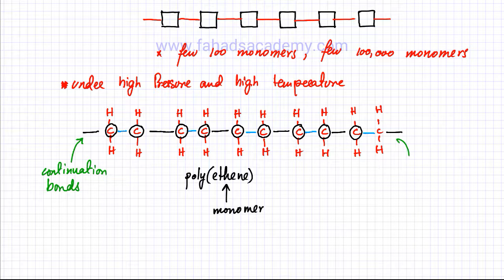So whenever you draw a polymer, you must show these continuation bonds, which indicate that you have just drawn a portion of the molecule and you haven't drawn the full version, because the full version of the molecule might contain 2,000 or 10,000 or 100,000 monomers joining together. So you can't draw all of them. So you've just drawn a portion of it.